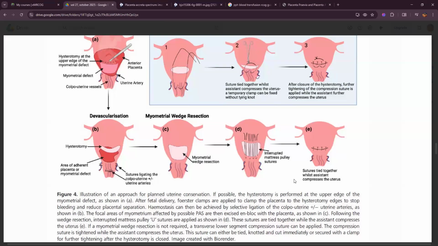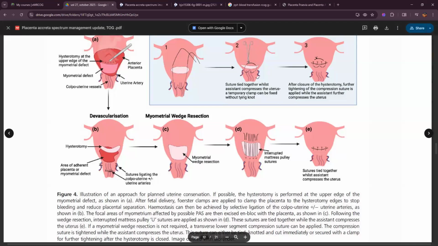In regular, normal cases, how should we close it? One or two layers, what type of suture, and in what technique? In two layers, continuous. Okay, continuous suturing in two layers.